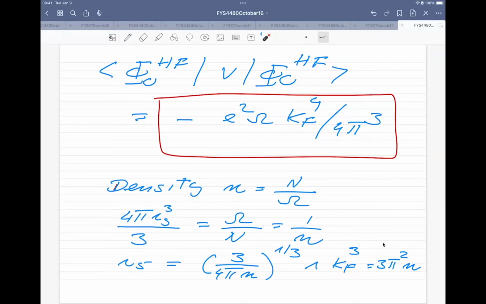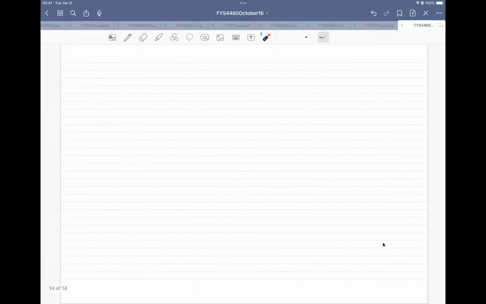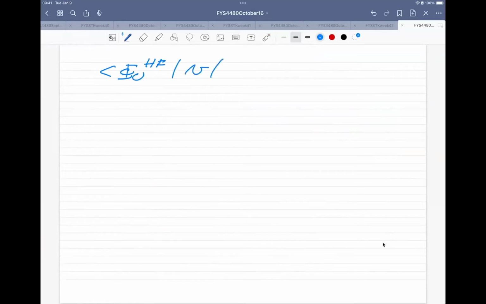So let's do that, because then we get an expression for this term, phi 0. Remember that what I'm writing here is not fully exact, because I've taken out the terms which cancel the electron background and the background term. So this is just a result after we have subtracted those terms from the full Hamiltonian.